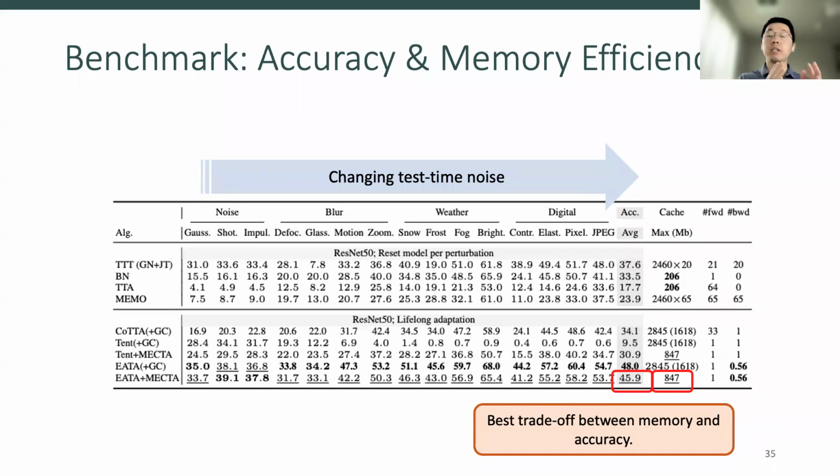So even if you only backpropagate one sample, you have to cache for all 64 samples in your batch. That's why we say EATA does not reduce the cache size.